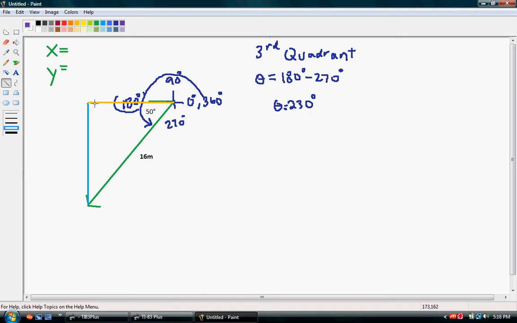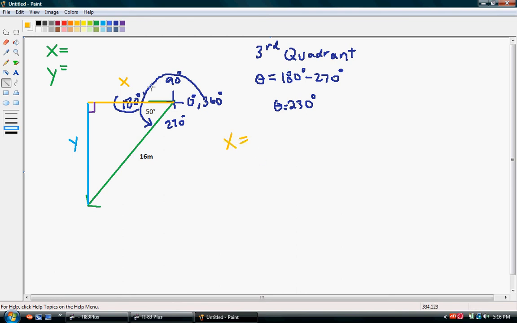Notice here, whenever we find our x and y components, we'll have a nice little right triangle.